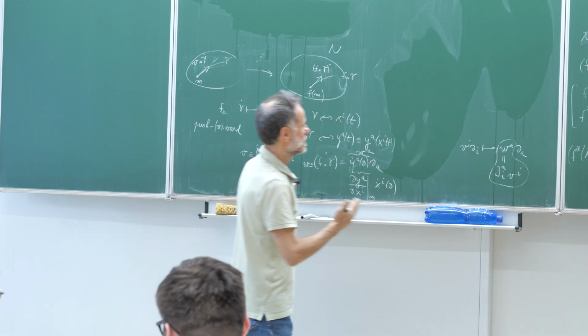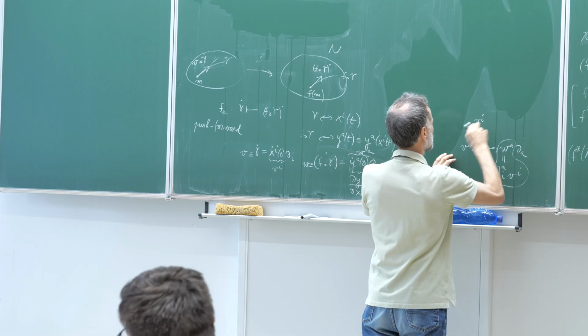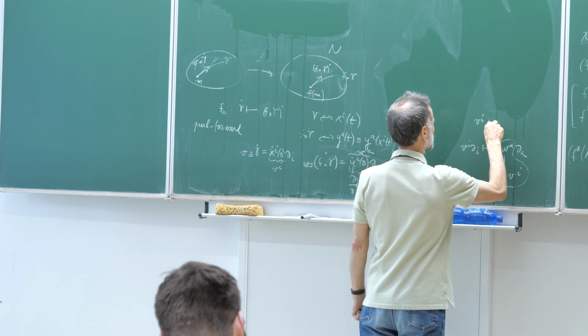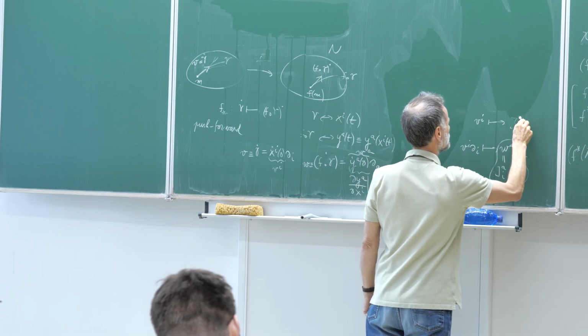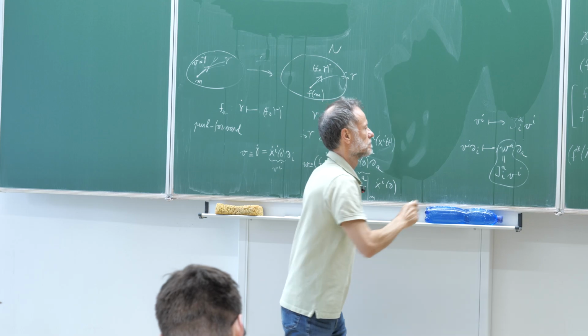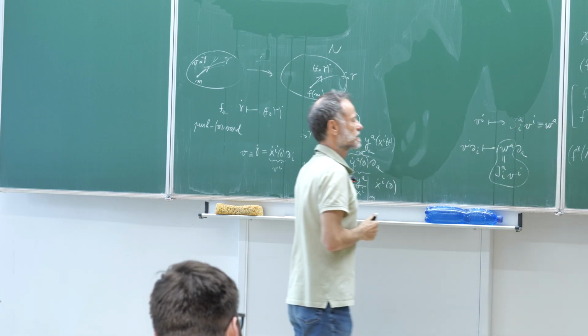So the mapping in just coordinates is that these coordinates of the vector on the left go to these coordinates of the vector on the right.